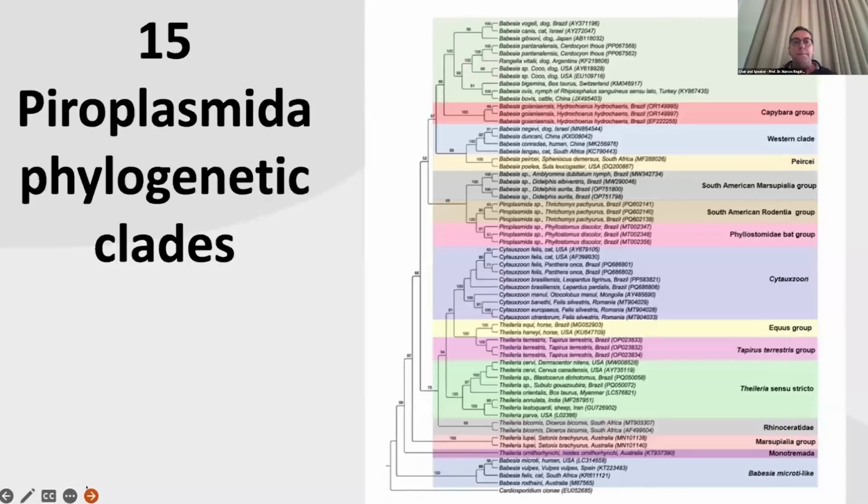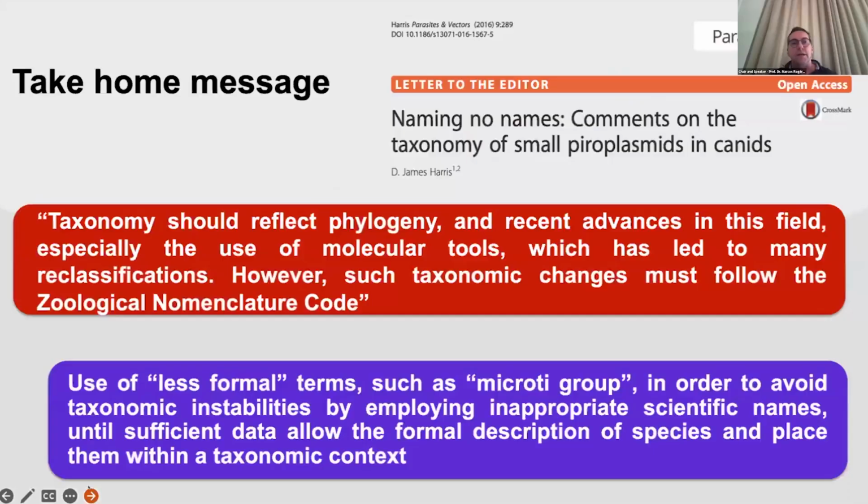So in a nutshell, we have expanded the diversity of the Piroplasmida phylogenetic clades. From 10 phylogenetic clades, we expanded them to 15 based on the work that we have done in the last 5 years.